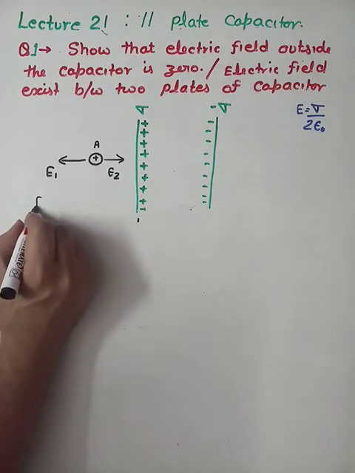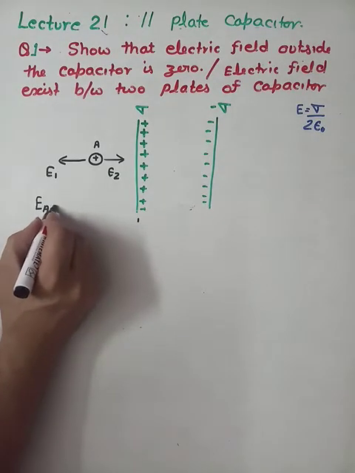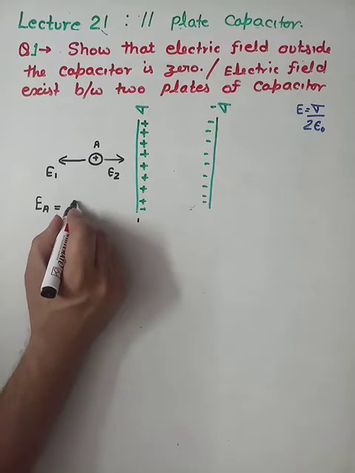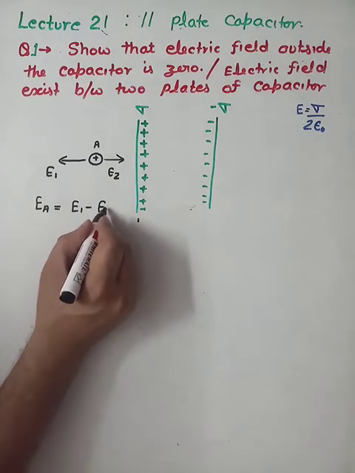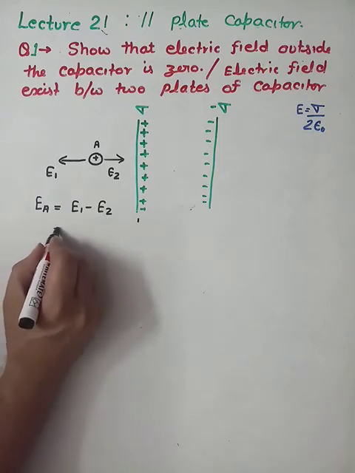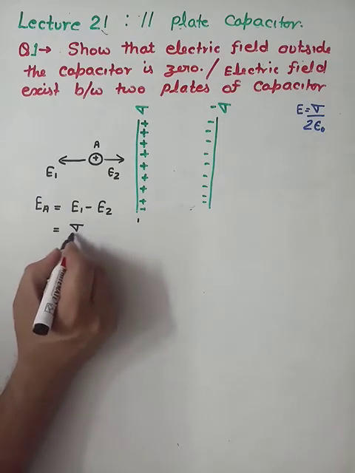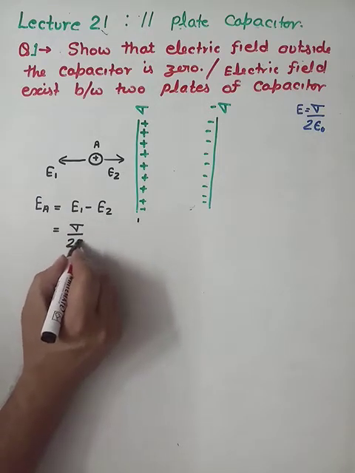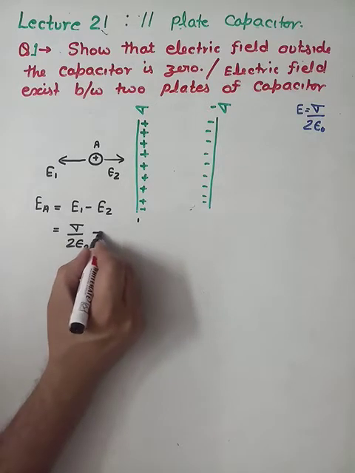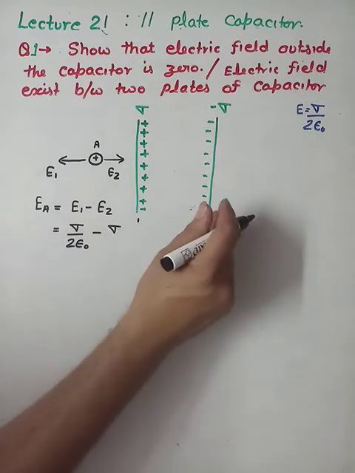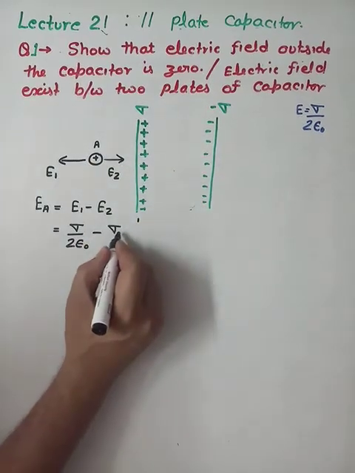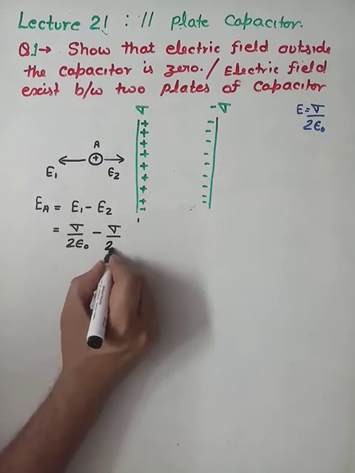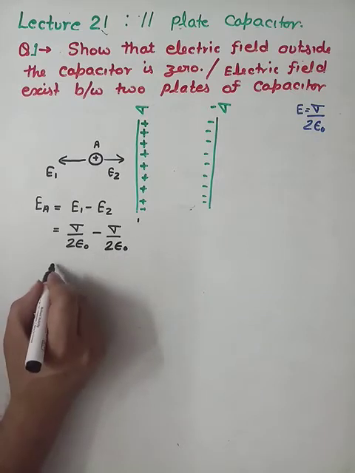The net field at A is, they are in opposite direction, you can simply write E1 minus E2. What is E1? It is sigma upon 2 epsilon naught, and we get the same field due to second plate also because it is independent of distance, sigma upon 2 epsilon naught.